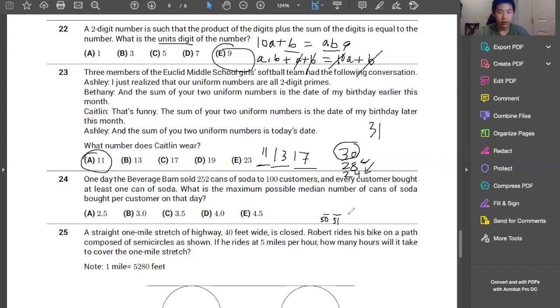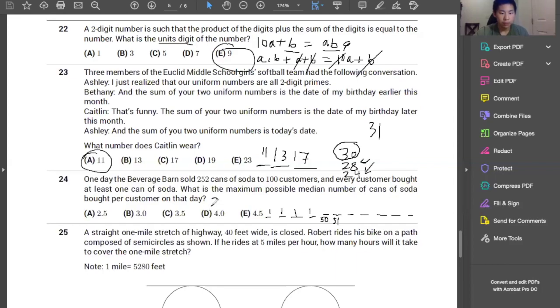So we know that every number after the 51st has to be at least as big as the 51st. But every number before the 50th can be as small as we want. So in order to maximize the 50th and 51st numbers, let's make the first 49 all ones. And obviously this will continue.